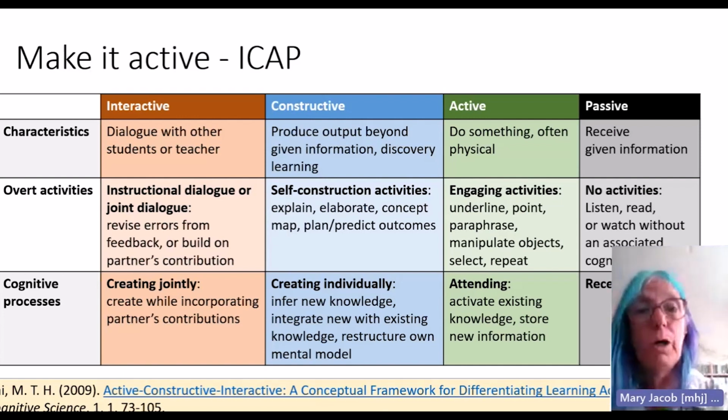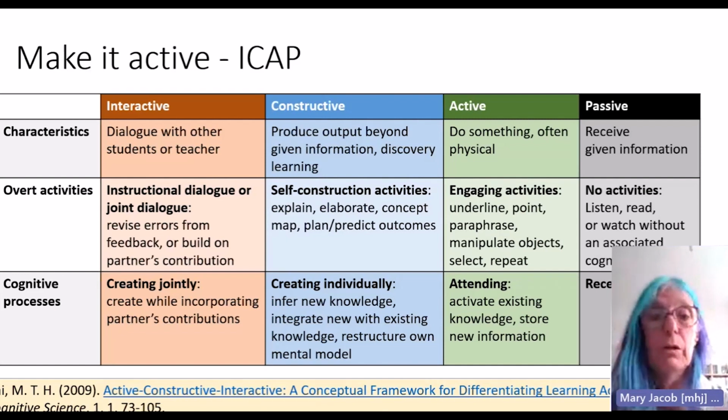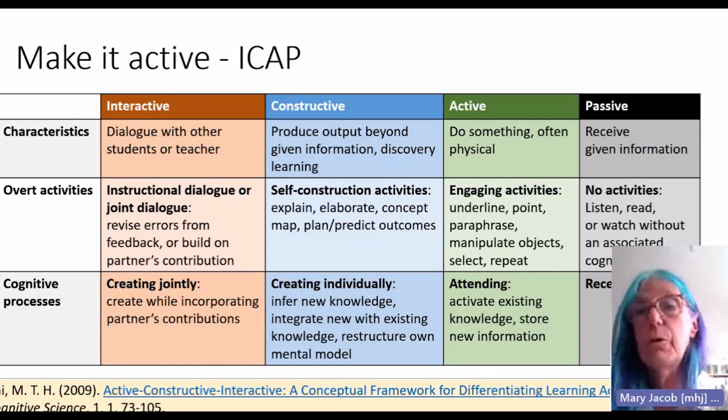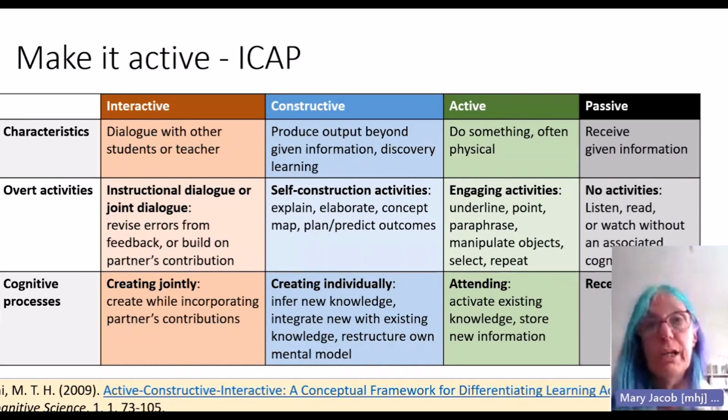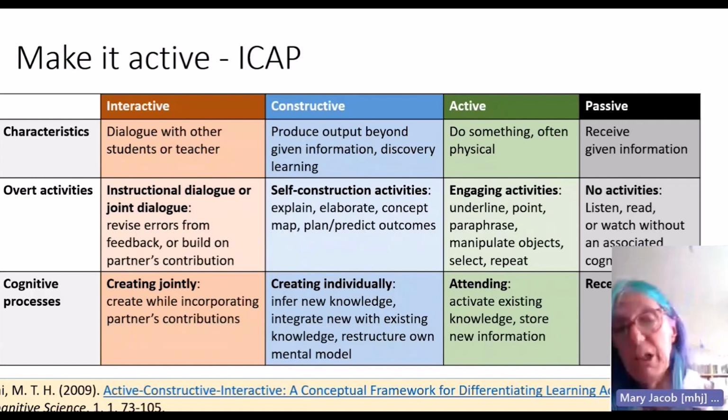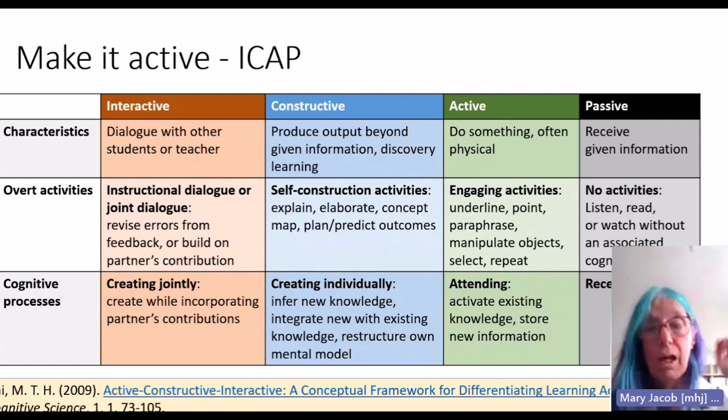So the top one is interactive, where students are not just doing something on their own, but they're interacting with other students or with the teacher. They're not just making their own little contribution, but they're responding to the other student's contribution. That's the key there. They're creating jointly. And the evidence shows that this has the highest payoff in terms of student learning attainment. So that's a really good one if we can incorporate that.